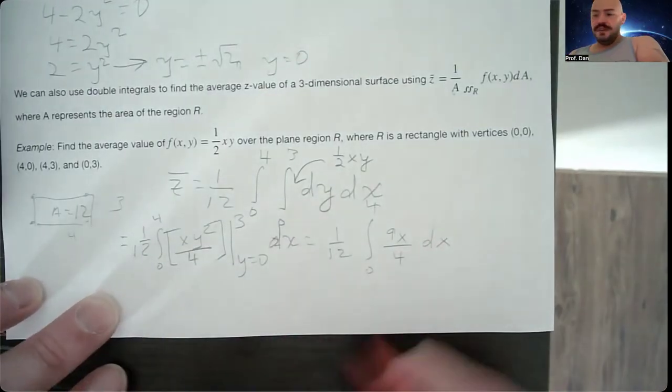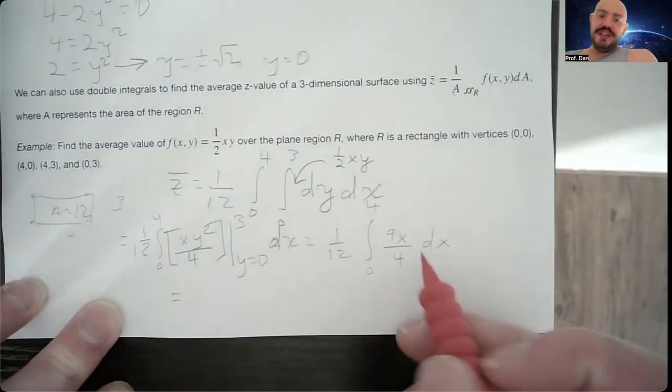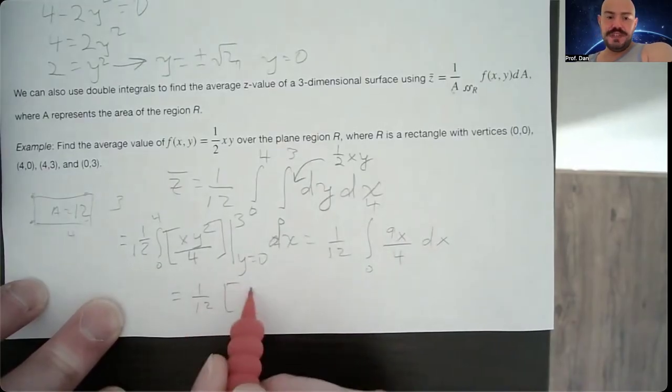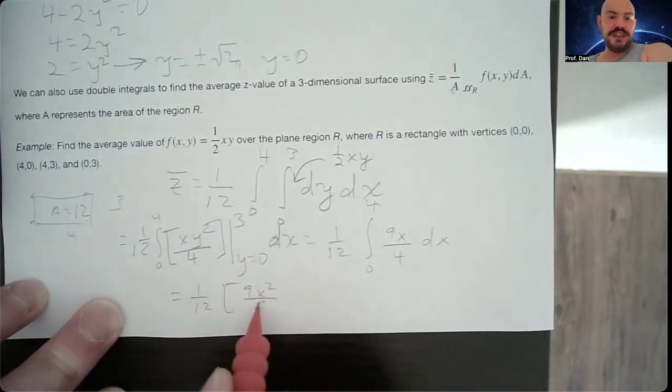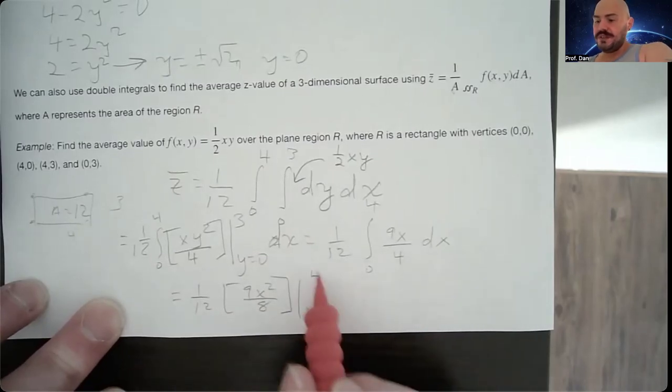Then when I take the antiderivative of this, I end up getting 9x squared over 8. So I have my 1/12, 9x squared over 8, and we're evaluating that from x equals 0 to x equals 4.